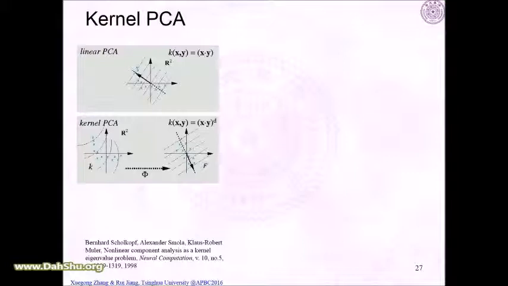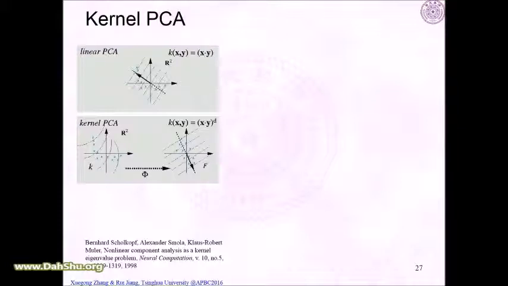In Kernel PCA, the idea is that using the kernel trick from support vector machines, we convert the original space using some nonlinear transform to another space. In that space, we do the linear principal component analysis, and we convert it back to the original space.